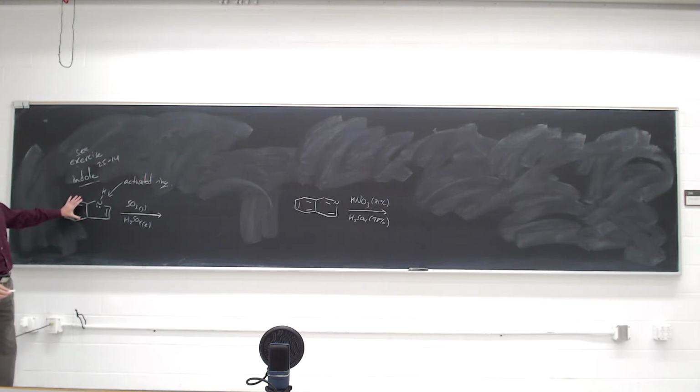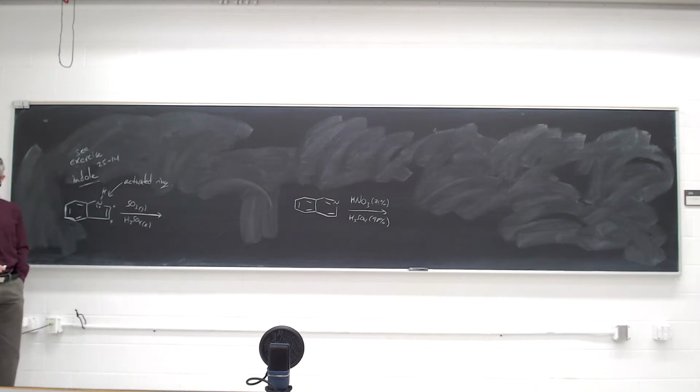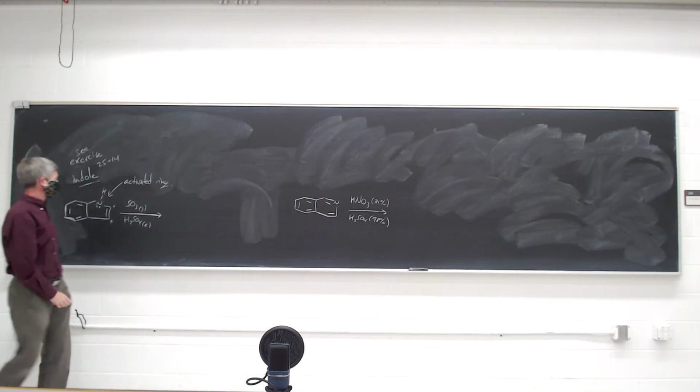Six nuclei sharing the electrons in the left-hand ring, only 5 nuclei sharing the electrons in the right-hand ring. So now I have to decide whether I'm going to attack here in the 2 position or there in the 3 position. But it's a different ring system, so I can't just say, well, it's going to be the 2 position because it was for thiophene. Right? That may not be the case.